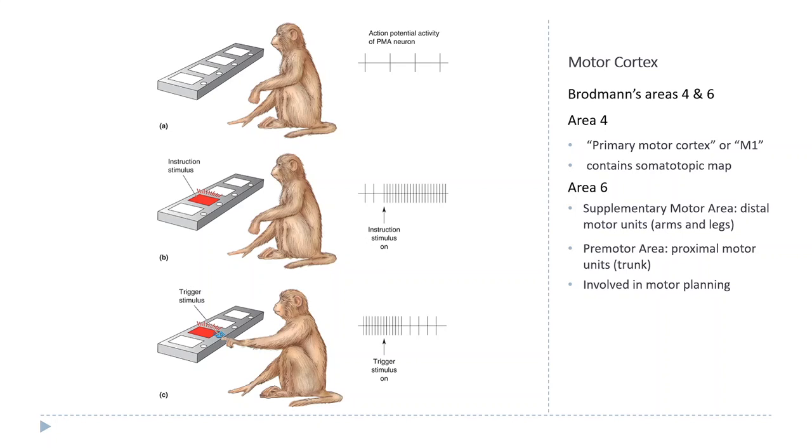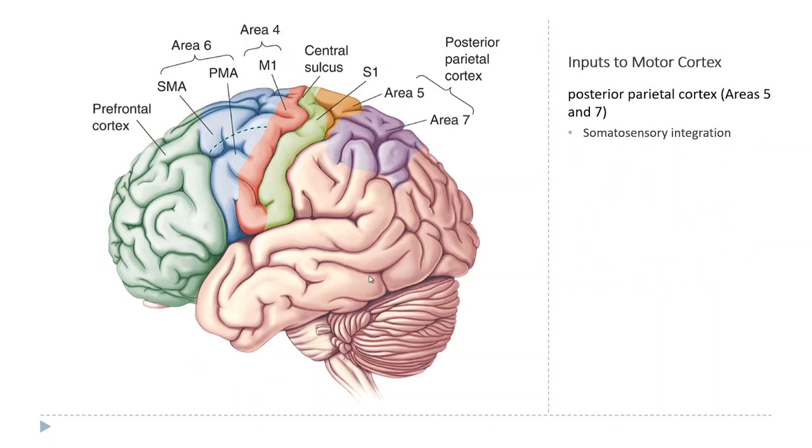So it's perhaps storing the sequence of commands that are going to be sent to the primary motor cortex and to the spinal cord to actually carry out the movement. How exactly that movement or command is stored, no one really knows for sure, but that illustrates perhaps what this part of the brain does.